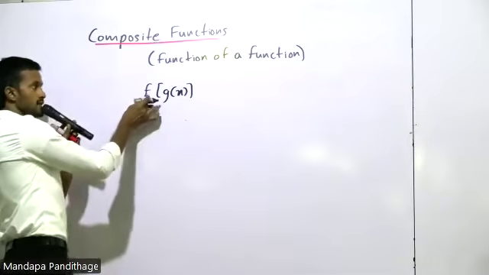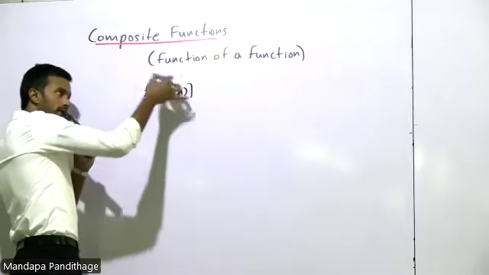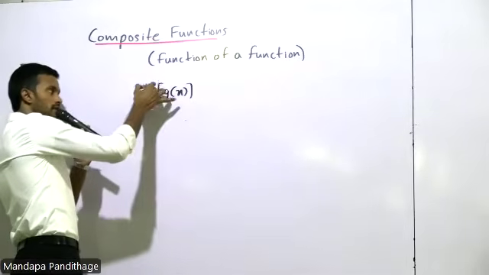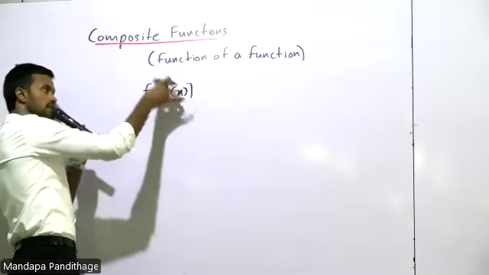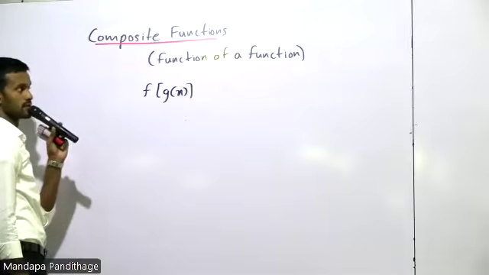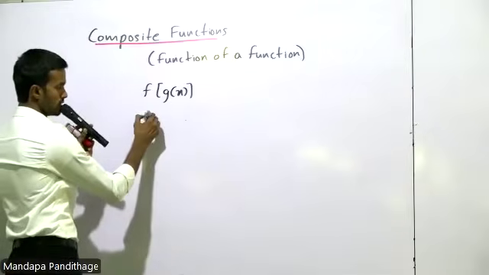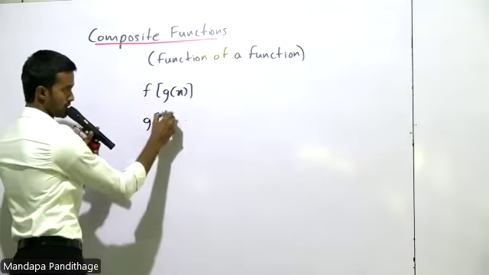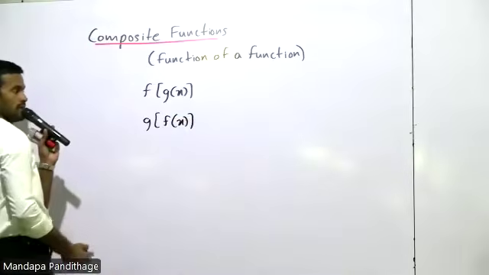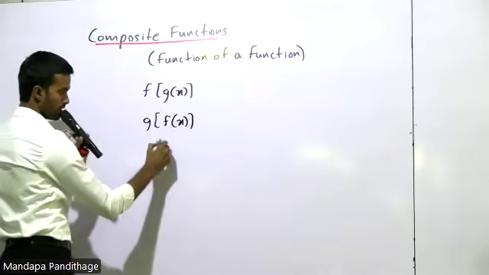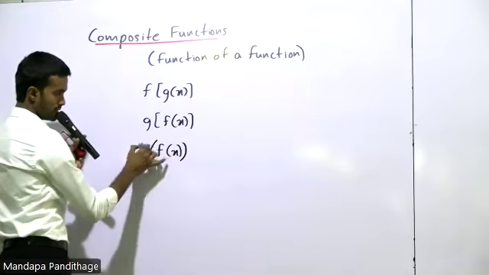So what is inside f(x)? It's g(x). So the independent variable of the function is even a function. This is what we term as a composite function or function of a function. So this is the same, f(g(x)). And there might be three functions, like we have f(x), and then we have g.